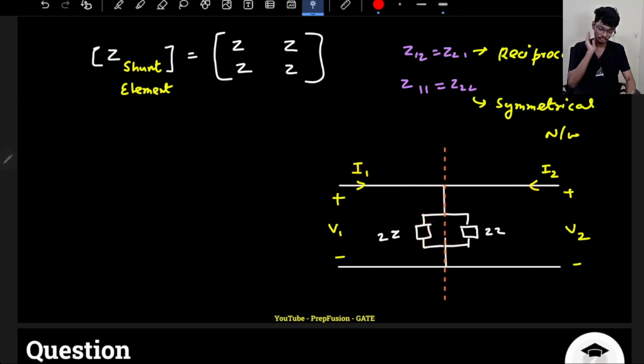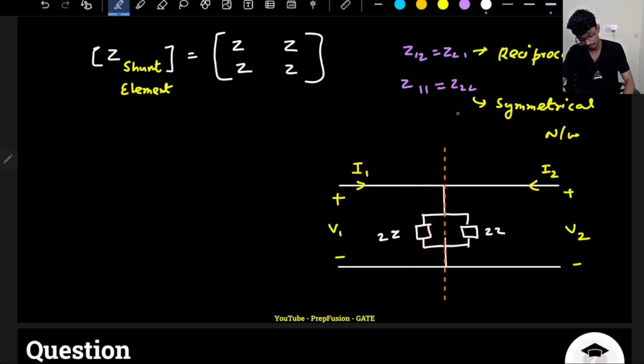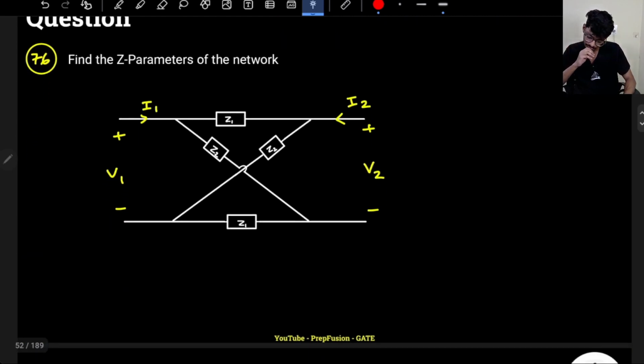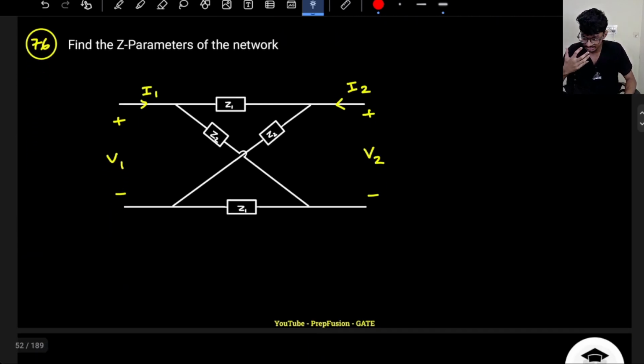If it is totally symmetrical about the middle of the network, then this condition will be satisfied: z11 will be equal to z22. We are just getting used to solving the z parameters for very predefined networks, so that in the examination, if you are asked to find the z parameters, it should be a cakewalk for you. It should not be very difficult.